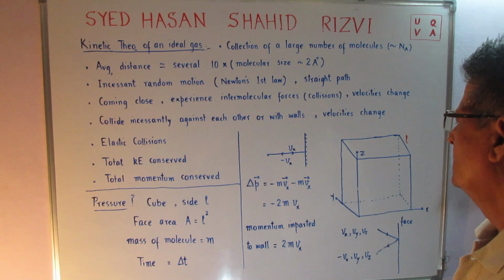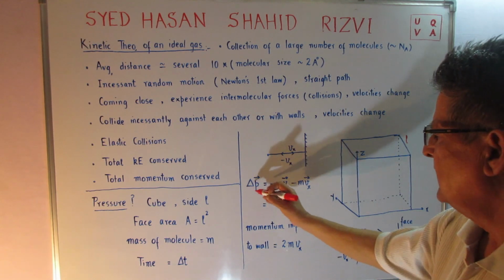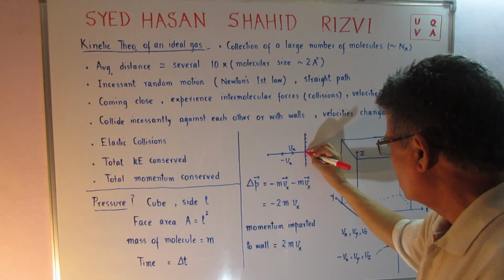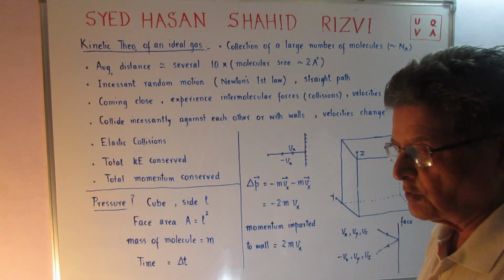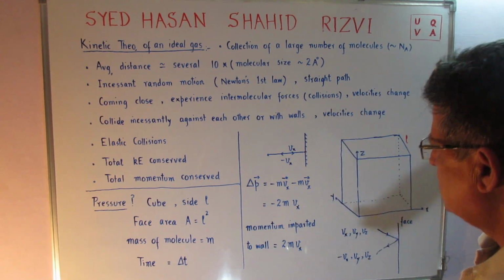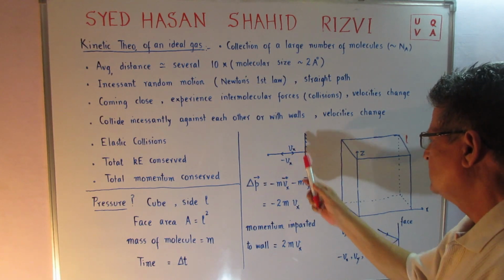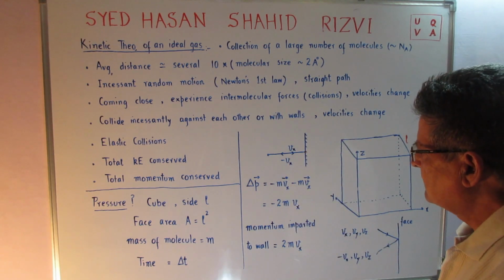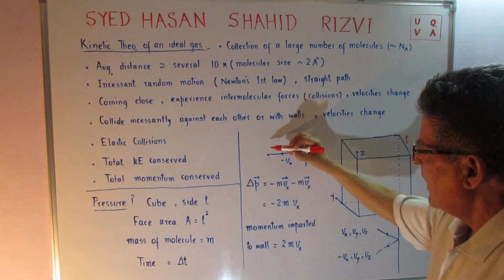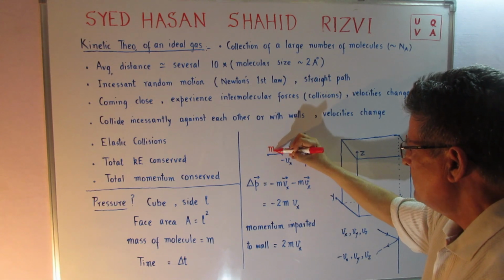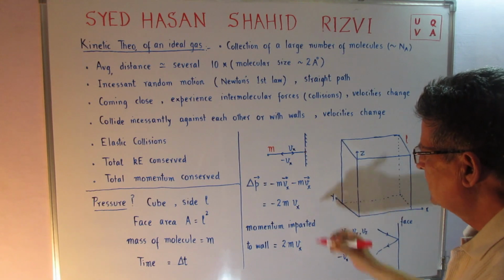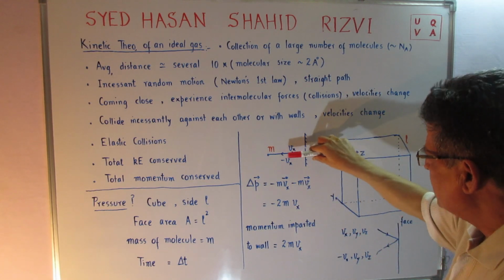So taking that cue, we can say that the change in the momentum which is imparted to this particle which is having a collision, here we can talk about a real collision, taking the rigid wall over here, the incident velocity is Vx and the reflected velocity is minus Vx, and therefore the change in the momentum of the particle with the mass m will be equal to minus mVx minus mVx.